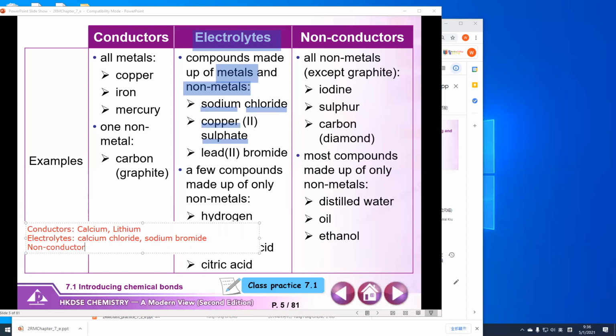Everybody write down. Conductors, they are calcium, lithium. Electrolytes, we have calcium chloride, sodium bromide. And non-conductors, you have nitrogen and glucose.